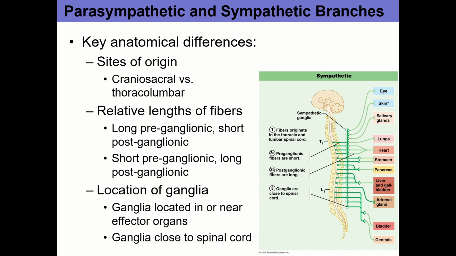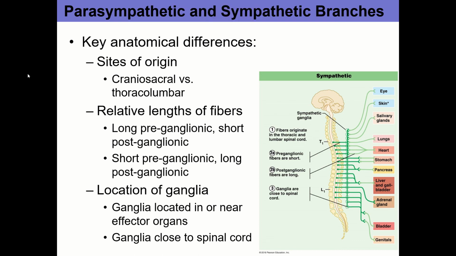Then that preganglionic neuron will synapse at that trunk ganglion with the post-ganglionic neuron, and the post-ganglionic neuron is the one that's actually going to have influence over the effector organ, and so its fibers tend to be fairly long.